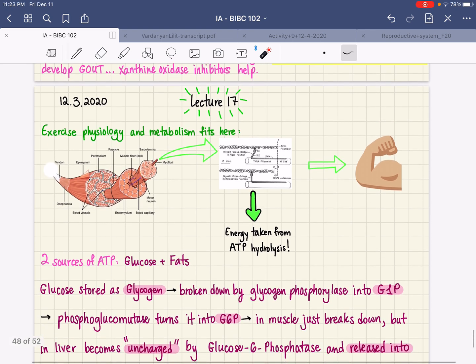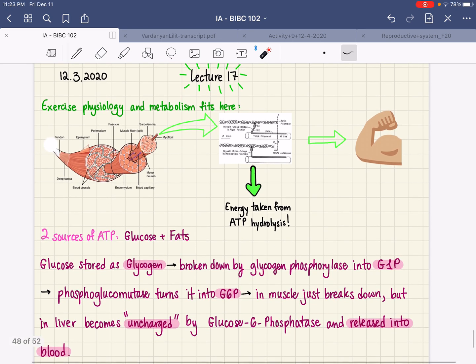Okay. Lecture 17, we tap a little into exercise physiology. So we briefly talked about muscles, and I love this graphic. This is bone, tendon, big muscle.